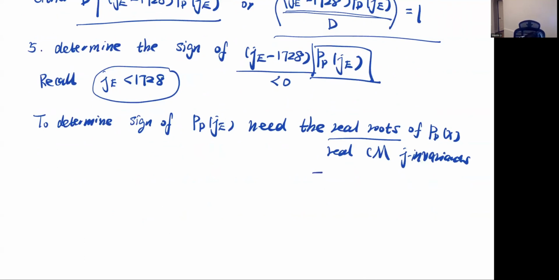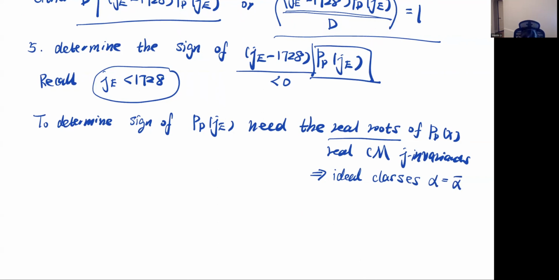What that means is it corresponds to a lattice, or instead of the lattice language, real CM J invariants exactly correspond to ideal classes alpha in the ideal class group which equal their complex conjugation, right?